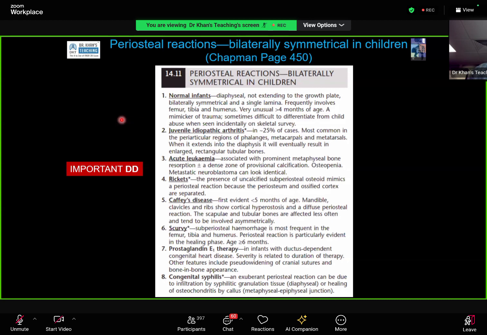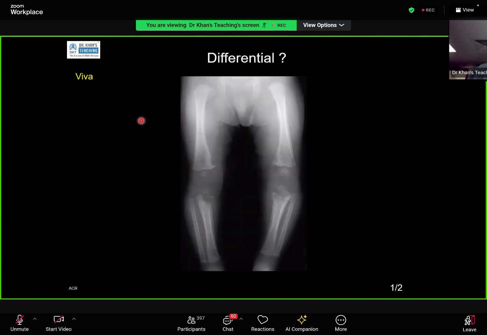In this particular case, candidate, what was the age of the patient? I forgot. This is the patient. What is the age of the patient? It's less than 6 months. I couldn't see the femoral head. Excellent.